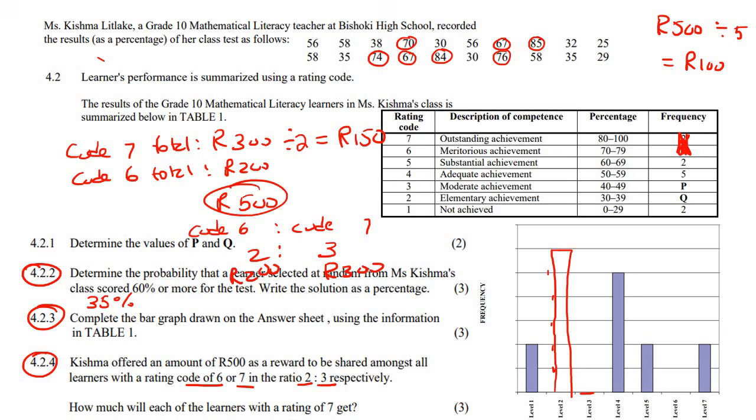So we took the 500 Rand and we broke it up into that ratio, and we found that the code 6s would end up getting 200 Rand to split up amongst all of them, and the code 7s will get 300 Rand to split up amongst all of them. So the question says, how much will each of the learners with a 7 rating get? Well, there's 300 Rand available, but there's 2 learners in that category. So that's why we're dividing by 2. So each learner in code 7 will get 150 Rand.